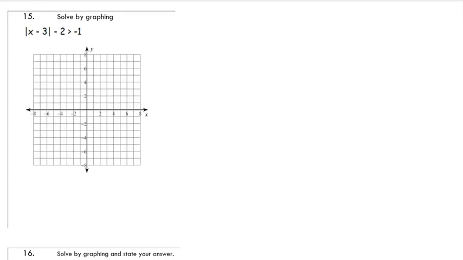Okay. Solve by graphing. So we're going to take absolute value, x minus 3 minus 2. We can solve it first, so I can kind of look at the intersection points. I'm going to change it to this, even though it doesn't say equal to.